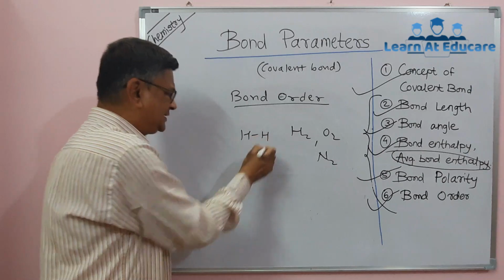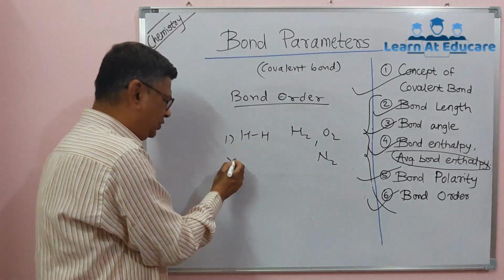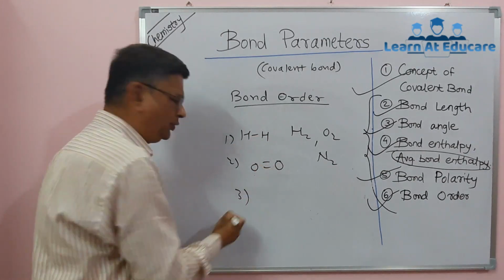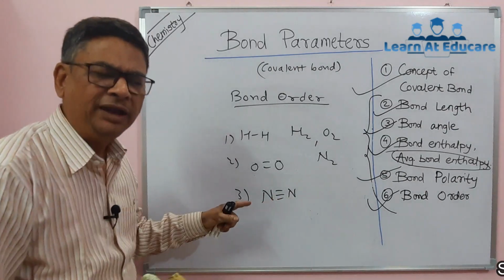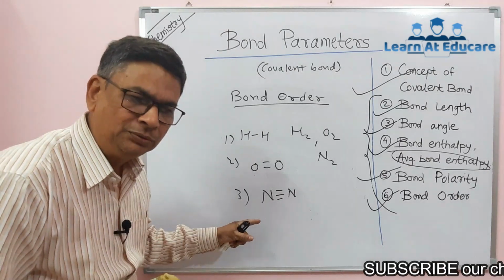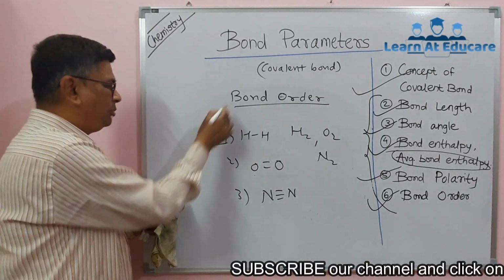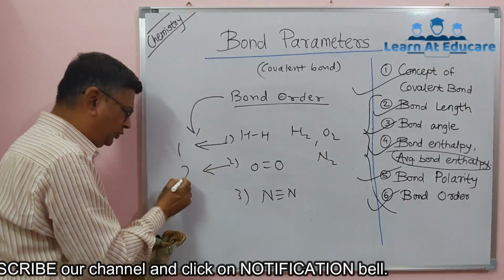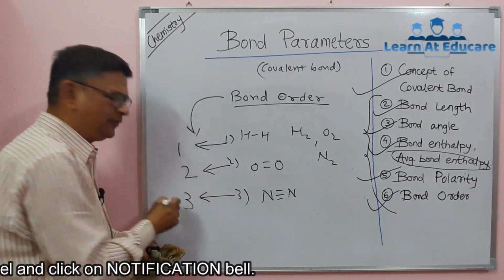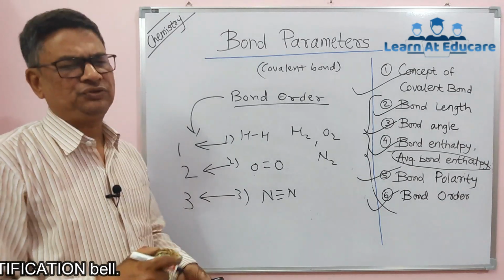The H2 molecule has an H-H single covalent bond, the O2 molecule is O double bond O, and nitrogen has an N triple bond N in its N2 molecule. So the bond order of hydrogen H2 will be 1, of the O2 molecule 2, and of N triple bond N is 3.